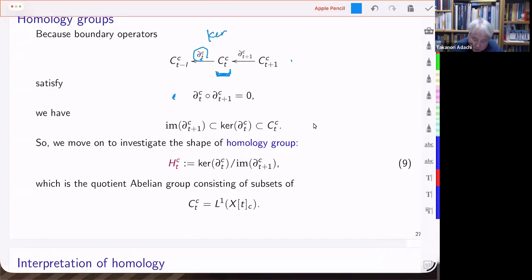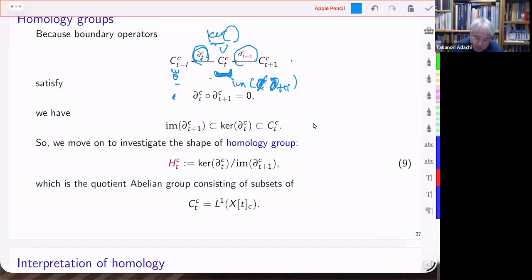The kernel is the set of all elements of C_t which go to 0, and it is of course a subset of C_t. Also, delta_{t+1} makes some image.